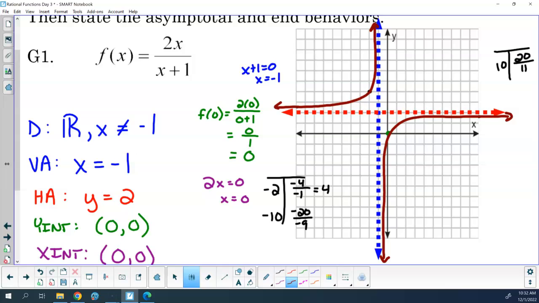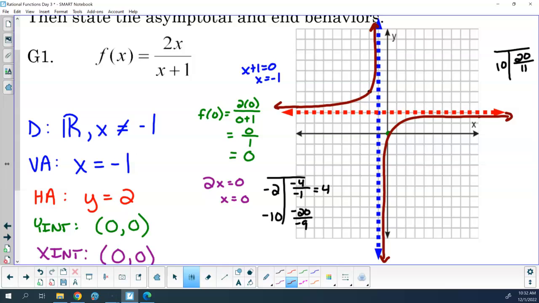You need 2 points in each zone. Yeah. So that's why what I normally do is make my T-chart right in the zone that I'm talking about. Okay? So that's our graph.